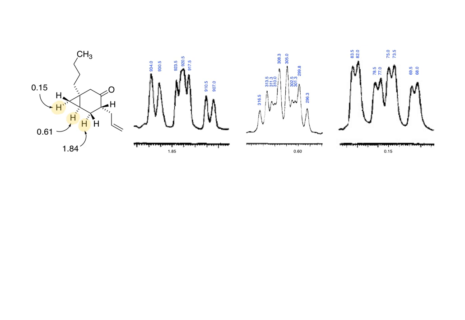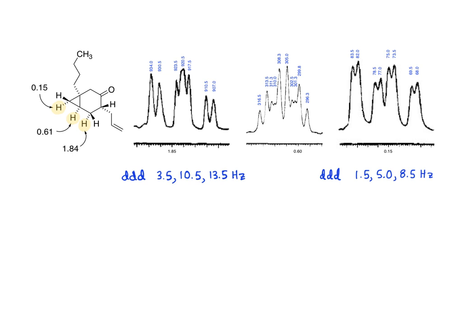For the 1.85 multiplet, these are coupling constants of 3.5, 10.5, and 13.5 hertz. For the 0.15 multiplet, this is a doublet of doublet of doublets with coupling constants 1.5, 5.0, and 8.5 hertz.